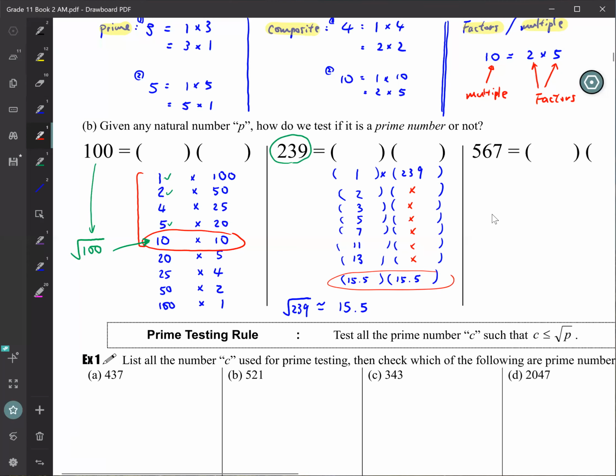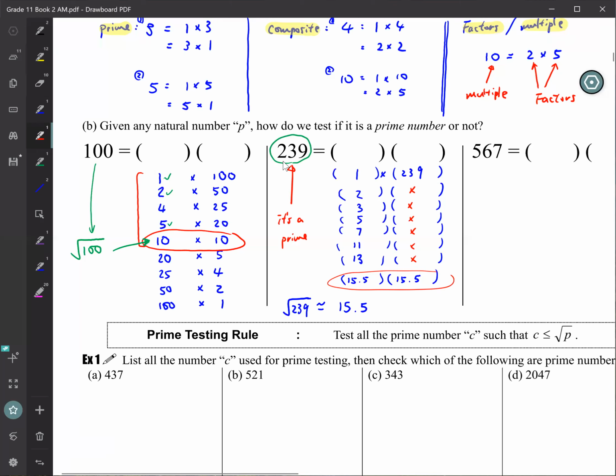Is your mic working? It's okay. I still can hear you, but maybe later, okay? Nathan, you checked, right? None of them works. So 239, is it a prime? Yes. Okay, so this one, it's a prime.